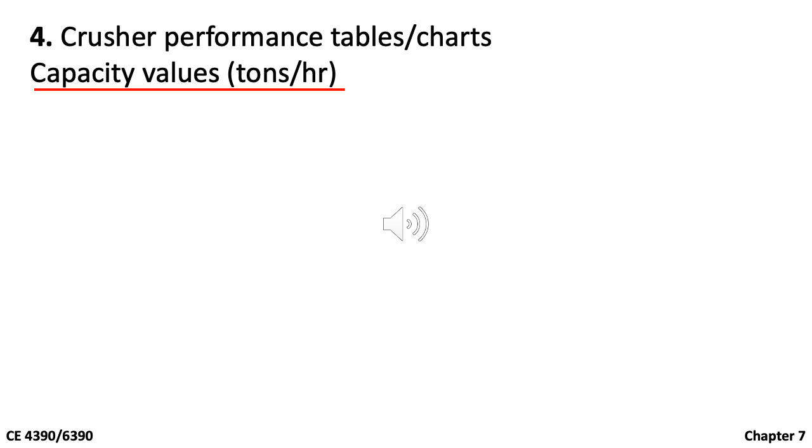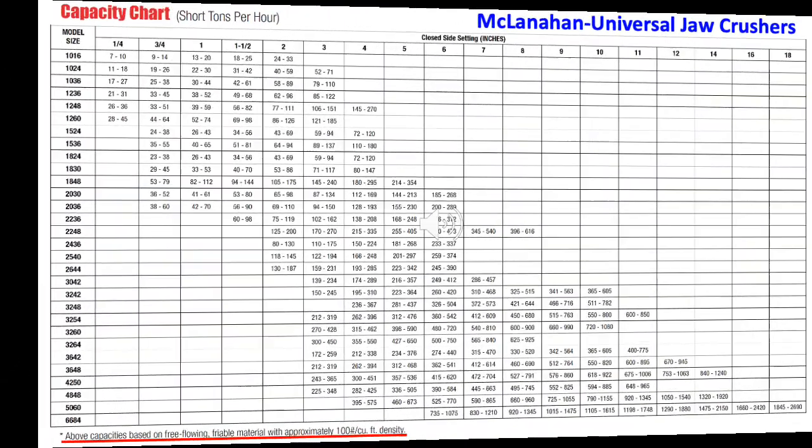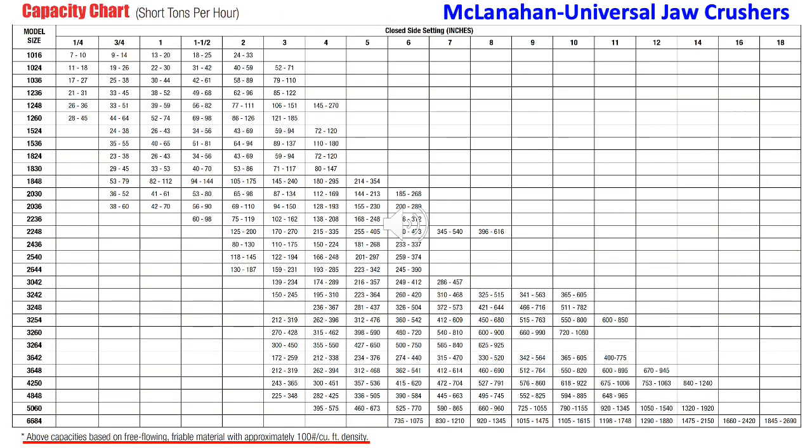Crusher manufacturers provide either tables or charts that provide typical capacity values in tons per hour for their various crushers. This is an example capacity table for Lanahan Universal Jaw Crushers.